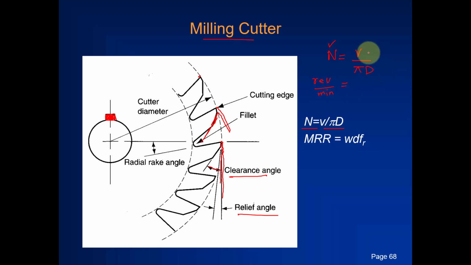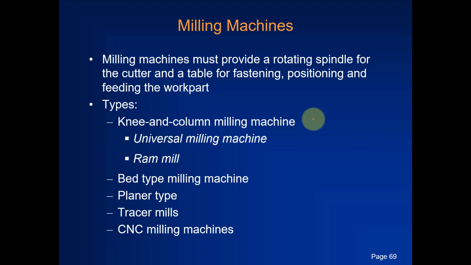V is cutting speed having unit meter per second or millimeter per second or meter per minute or meter per hour, etc. And MRR is the material removal rate. That is W D F R, where W is width, D is the depth of cut, and FR is feed rate. So this is the formula for finding the material removal rate.